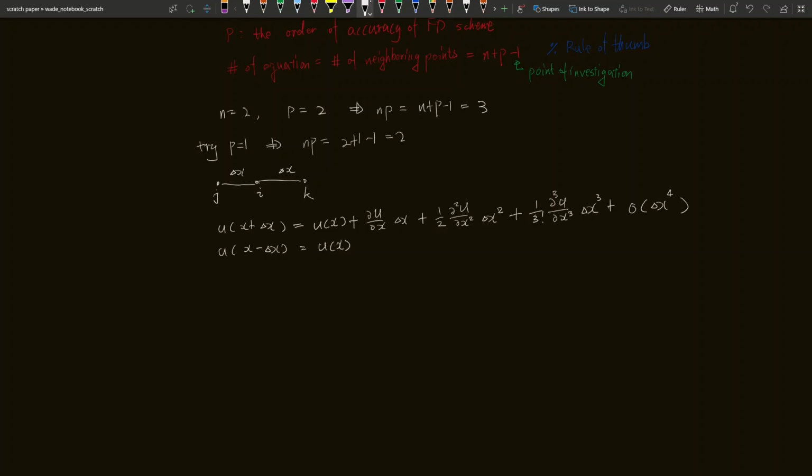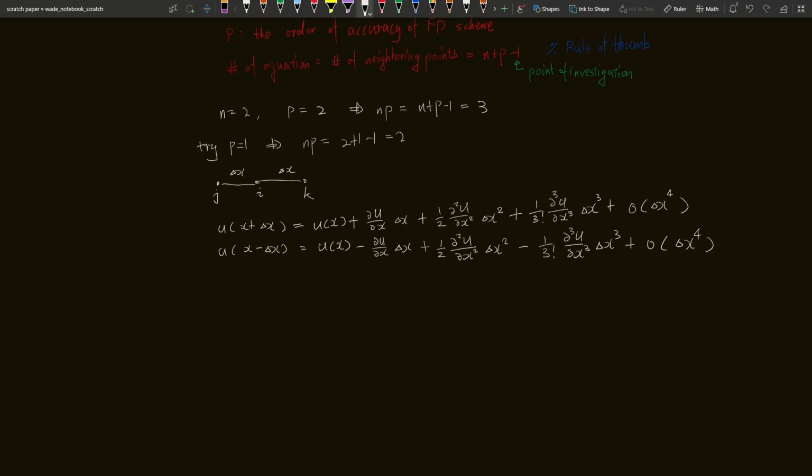So u(x) minus du over dx times delta x plus half the second order derivative of u times delta x squared minus 1 over 3 factorial times the third order derivative of u times delta x cubed plus the delta x to the fourth order error term.